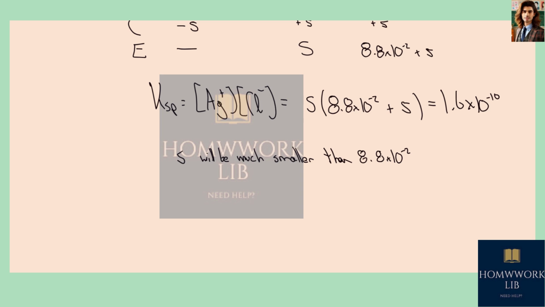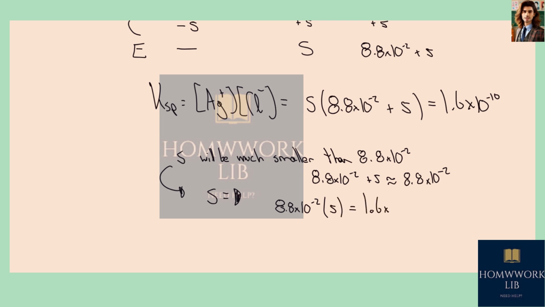Under this approximation, the solubility would come from the following expression. If this is true, 8.8 times 10 to the minus 2 plus S is going to be approximately 8.8 times 10 to the minus 2. Thus, 8.8 times 10 to the minus 2 times the solubility would be equal to the solubility product constant of 1.6 times 10 to the minus 10.